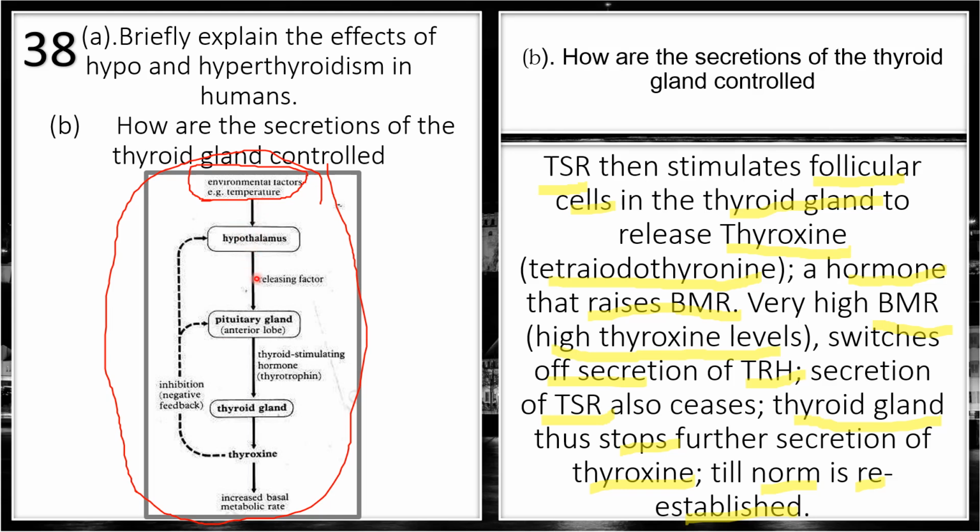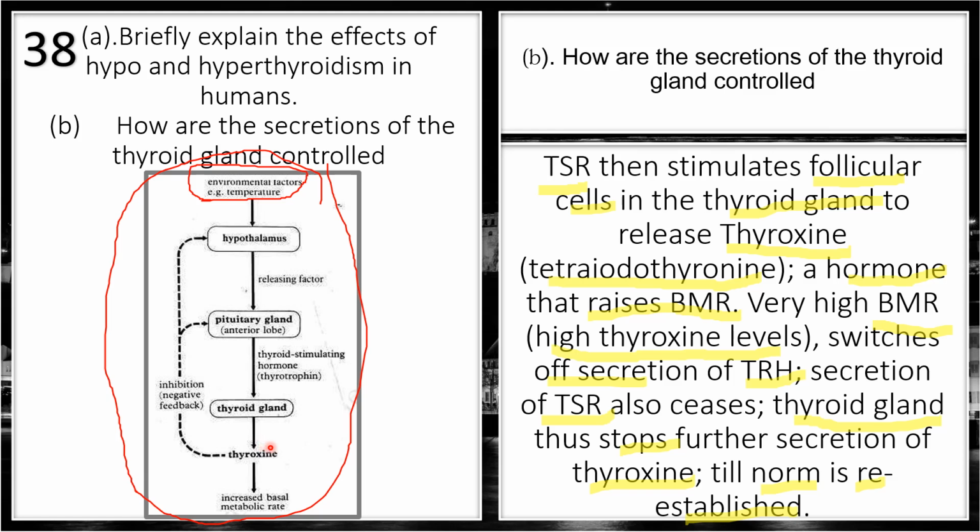And when it detects that, it is going to release a releasing factor, which will go to the pituitary gland, and then the pituitary gland will be caused to secrete the thyroid stimulating hormone, thyrotropin, which will move to the thyroid gland and cause it to secrete thyroxine.